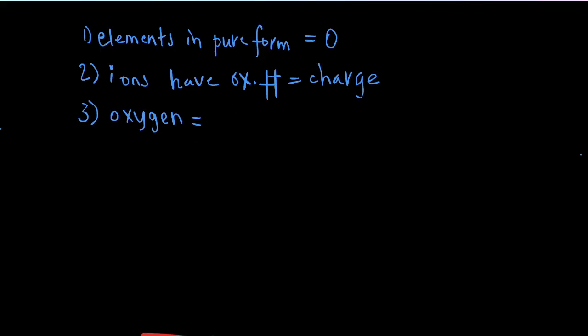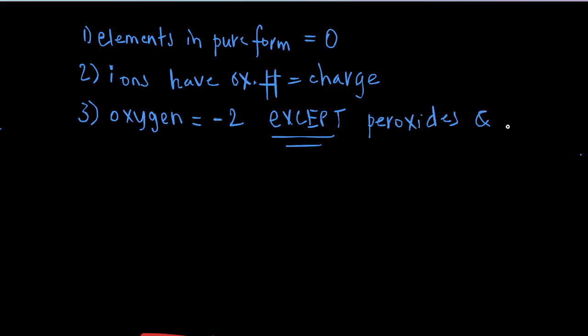In that case, oxygen is going to have an oxidation number of -2. But there is an exception, except when we're looking at peroxides and when we're looking at oxygen that is bonded to fluorine.